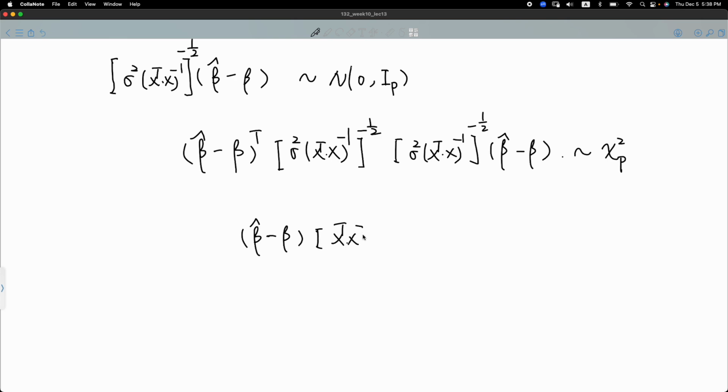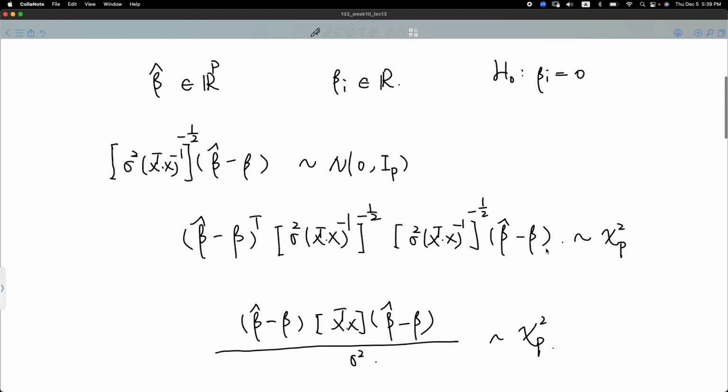X transpose X, then beta hat, square. So this one follows the chi-square distribution. So yeah, we have some result regarding our parameter, our problem of interest.